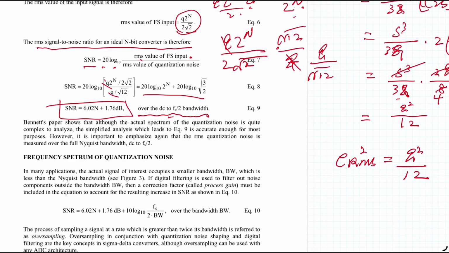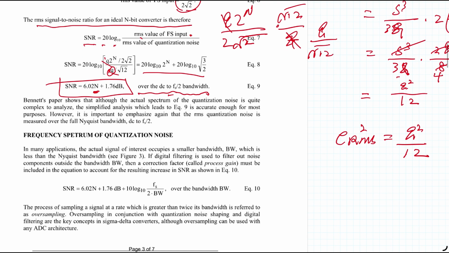By looking at this equation, you notice the signal to noise ratio is proportional to the number of bits of the system. So a 12 bit system will have a much higher signal to noise ratio than a 10 bit system, and so on. Also, the signal to noise ratio is independent of the actual q size.